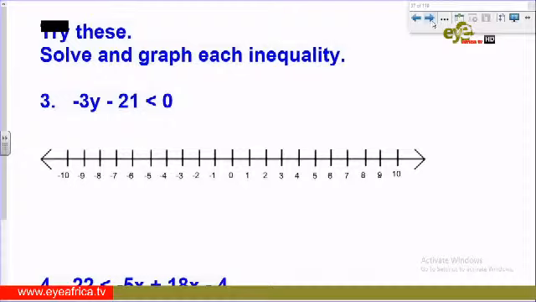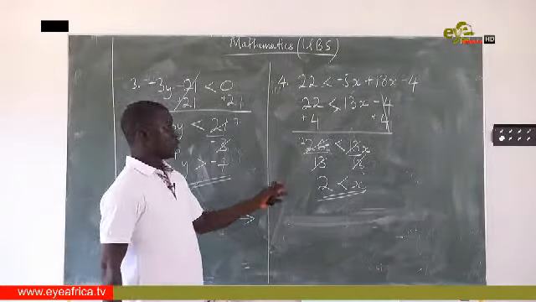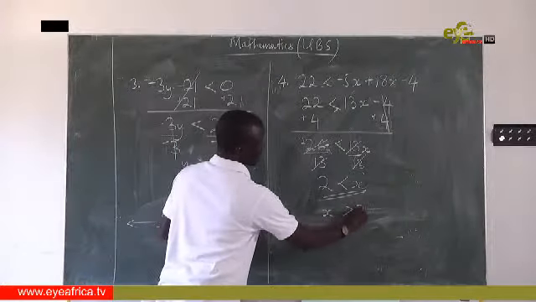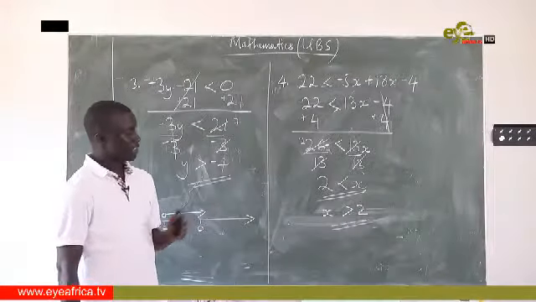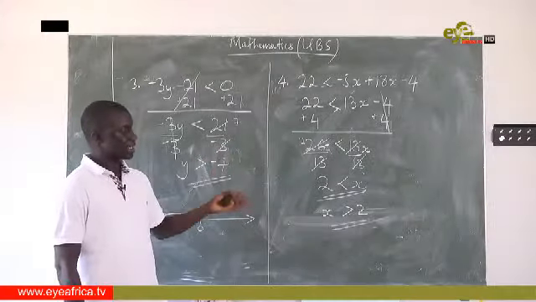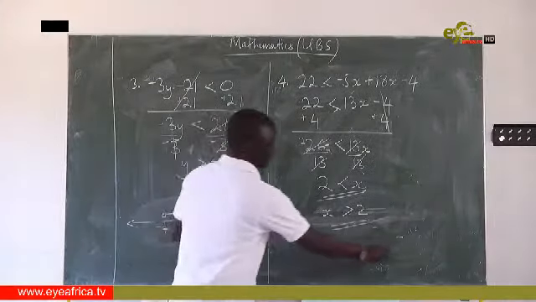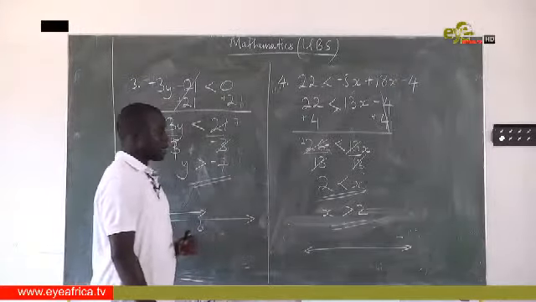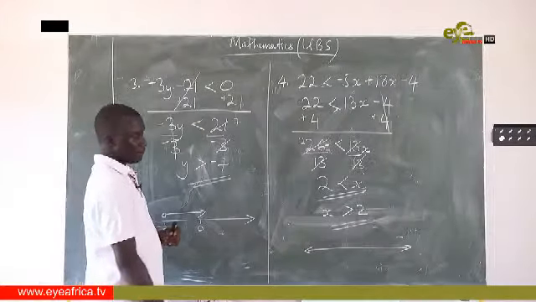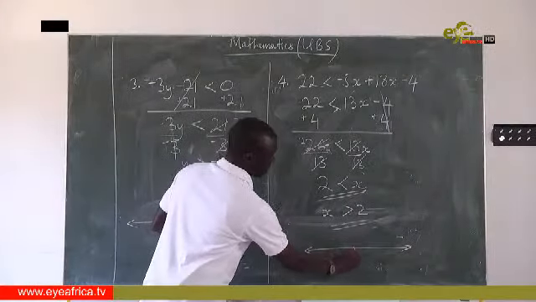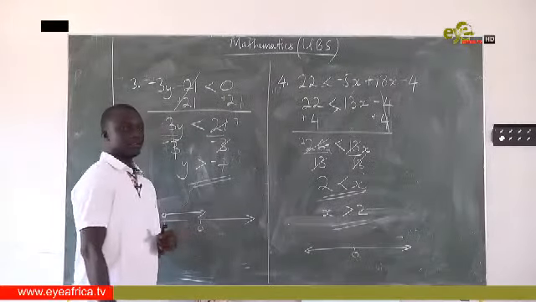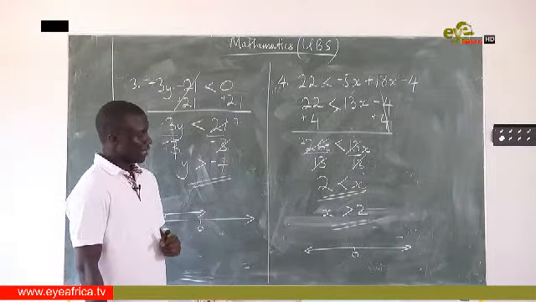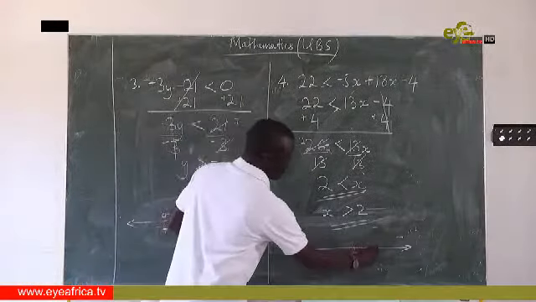We must interpret this in this form also. Okay. 2 is less than x is the same as x is greater than 2. So therefore, we can use that to represent it on our number line, where we will have our 0 here. The 0 is located, and then where is our 2?